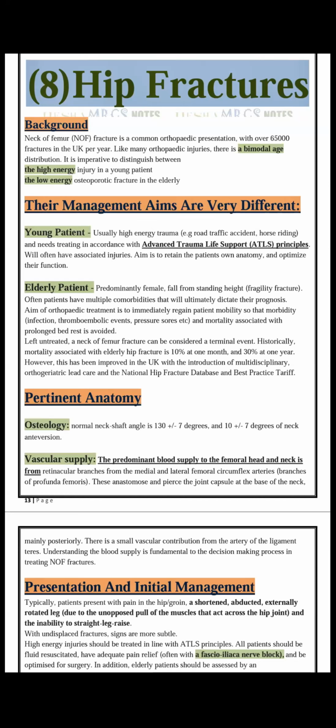So your patient should be immediately resuscitated with 1 liter of crystalloid, Hartmann's or Ringer's lactate, and you should prepare blood for your patient. Do not forget to give your patient IV analgesia and IV antibiotics. If analgesia is not adequate, you may go for a fascia iliaca nerve block. This is also very common and is added in these guidelines.